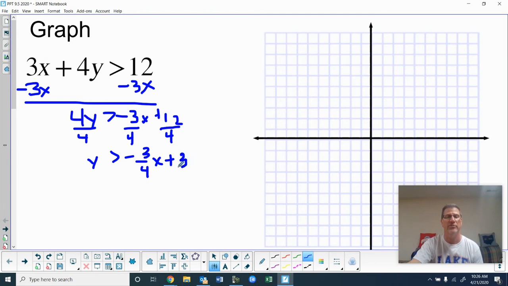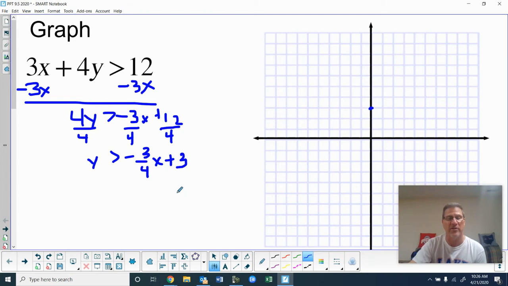If you want, you can put that on your calculator in your y equals and do it, but we don't really need to do that. We know 3 is our y-intercept, where the line will cross the y-axis. So I'm going to go up here and put a dot at the y-intercept at the 3. And then here's my slope, negative 3 over 4, which means down 3 and then positive 4 means right 4.